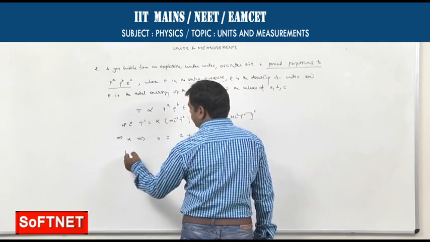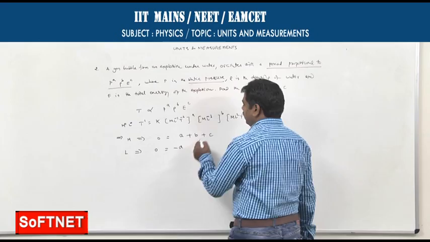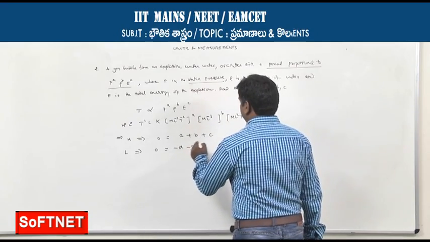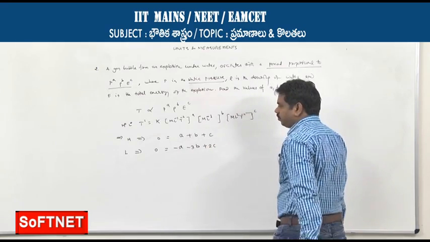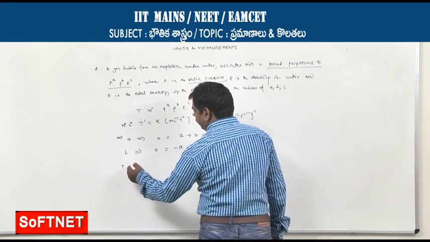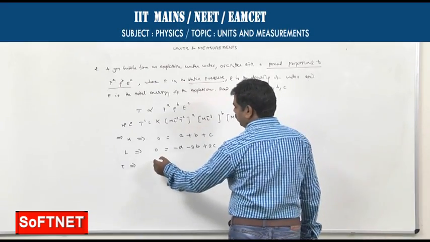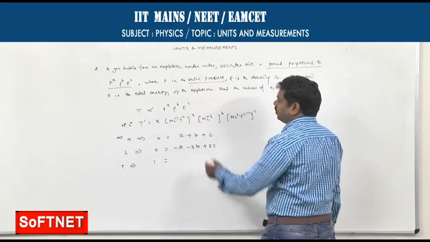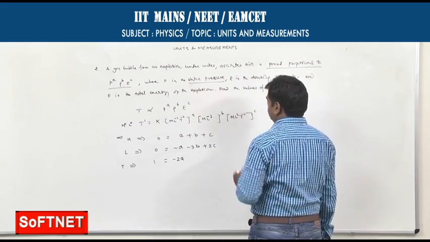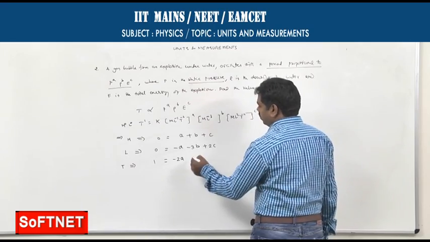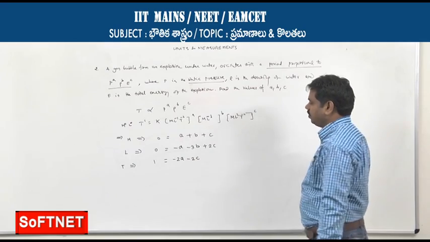And the second relation will come as 0 is equal to minus a, minus 3b and plus 2c. And the third relation you will get by comparing the powers of the time period. This is 1 is equal to minus 2a, nothing for b, and minus 2c.